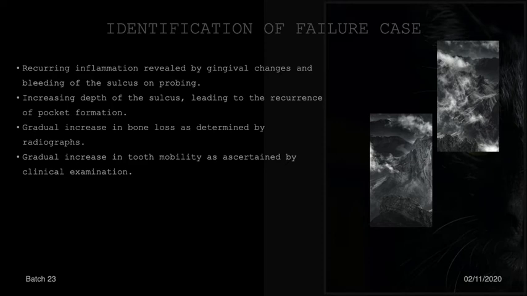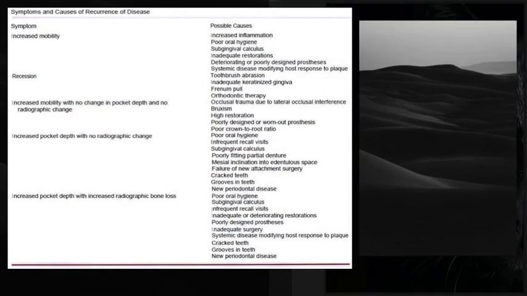So the basic idea of having a periodontal maintenance therapy is to identify such patients and modify our treatment so that we can bring the patients back to a better healthy state rather than getting to a worse condition. So what are all the symptoms and causes for recurrence of disease? What will be the symptoms and what will be the possible causes for recurrence of the disease?